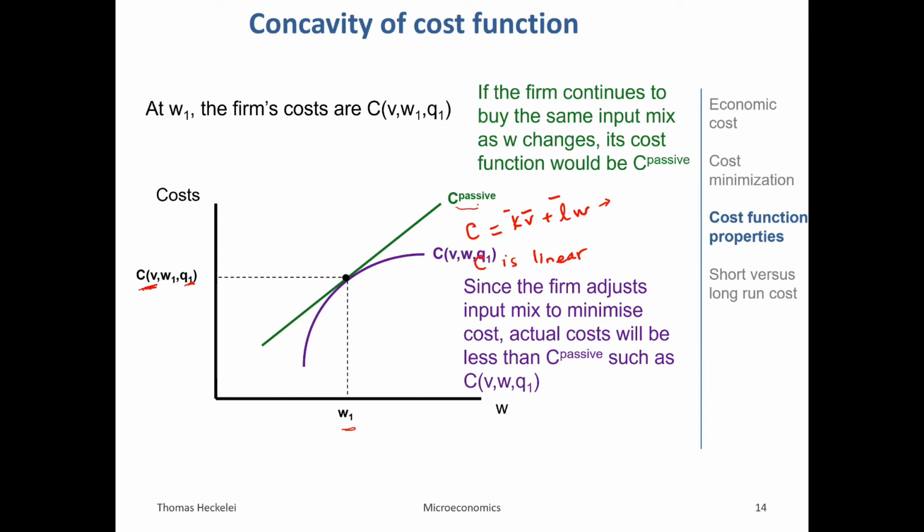Instead, I rent out the harvester to the neighbor in order to minimize the opportunity cost of using the capital input. And that is what is actually happening here with the concave cost function.